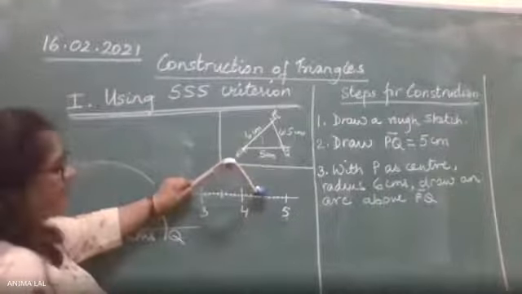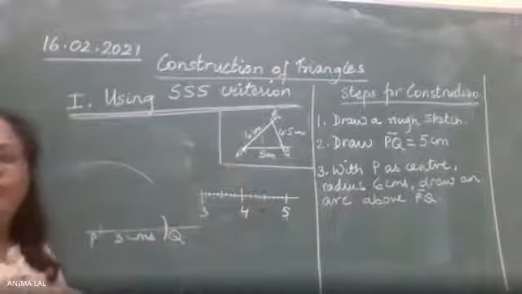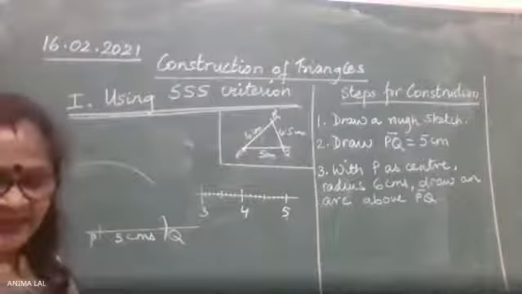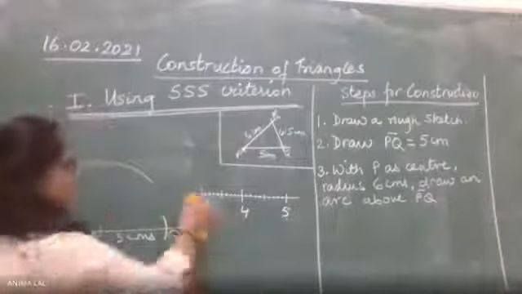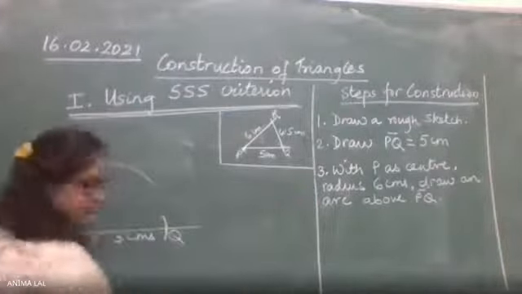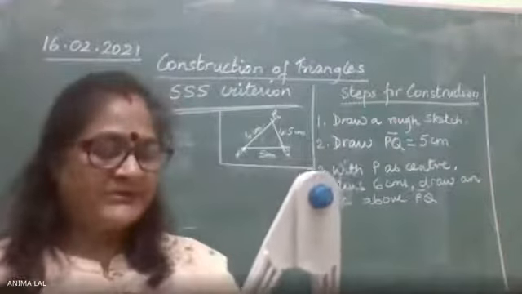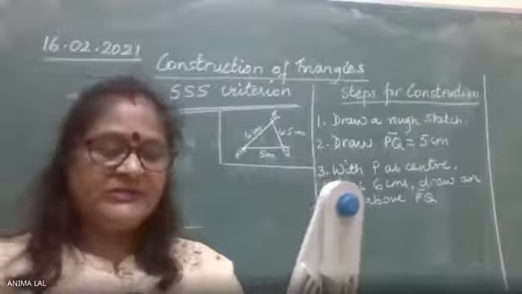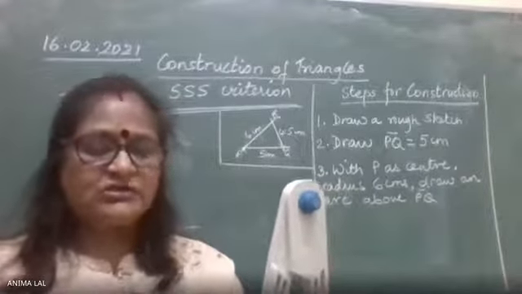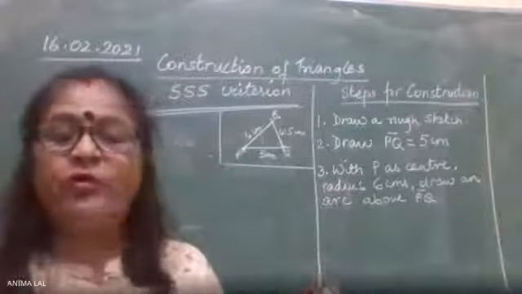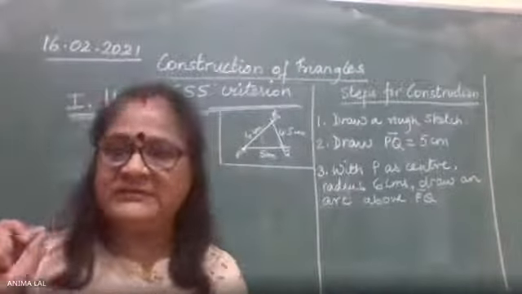That will give you 4.5, more than 4, less than 5. Don't change the radius, remember, once you get it, compass point at 0, increase your pencil point so that it reaches between 4 and 5, that is 4.5.